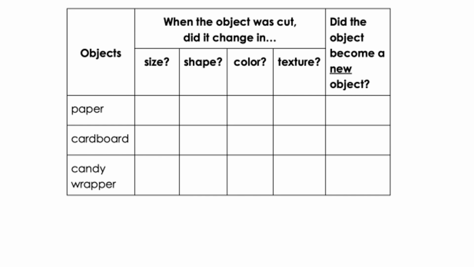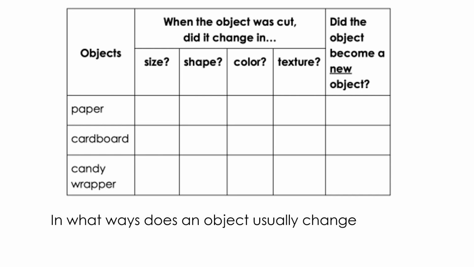These are the tables that you need to answer. Object in the first column. Second, the size. When the object was cut, did it change its size, shape, color, texture? Did the object become a new object? In what ways does an object usually change when it is cut?